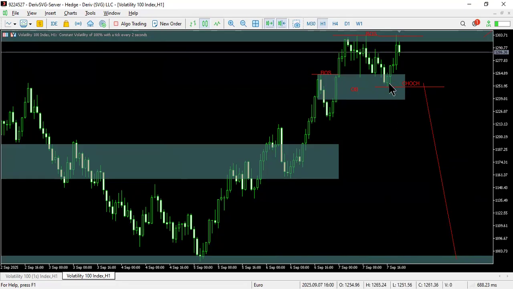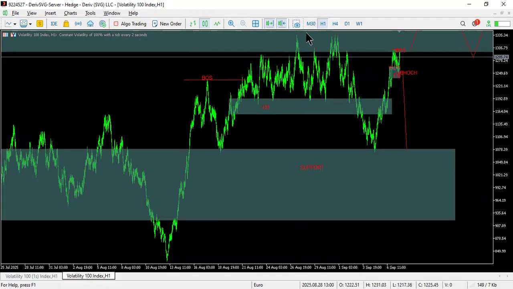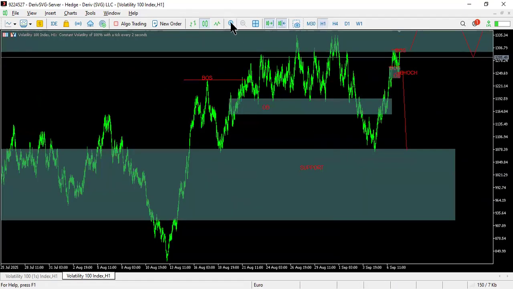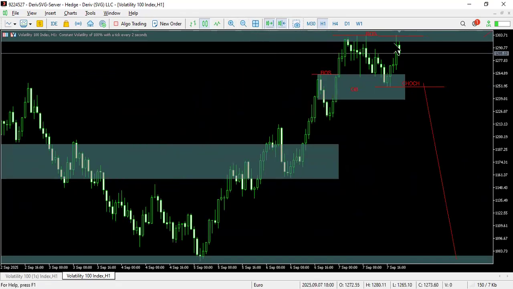However, if price does not break this higher low, then we are pretty much still in an uptrend, and we might go and break that high at that resistance level. So that is what I'm waiting for. Currently, there is no entry, but that is what you should wait for.